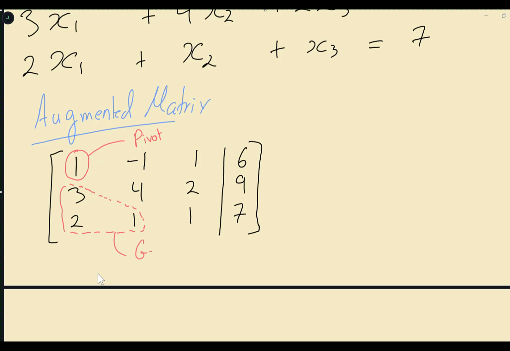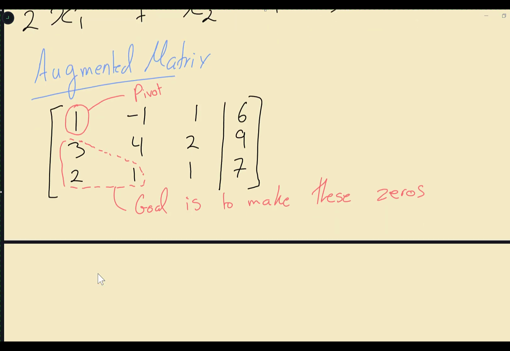So the goal here is to make these zeros. And how do we do that? We use row operations. Whenever I have a 3 by 3, it only requires 3 row operations to get these to zeros. I'm going to teach you how you should approach this.